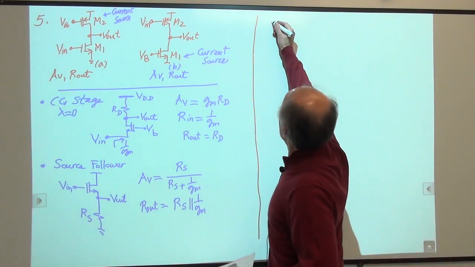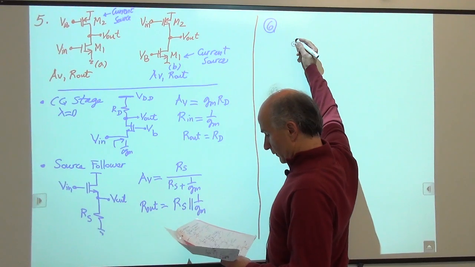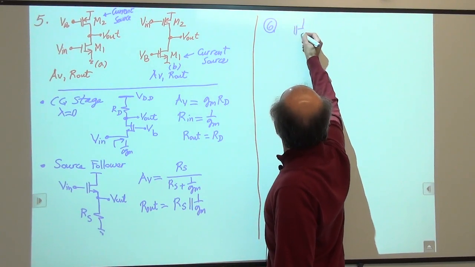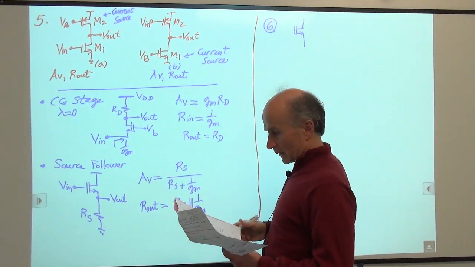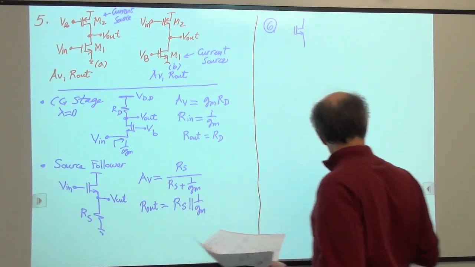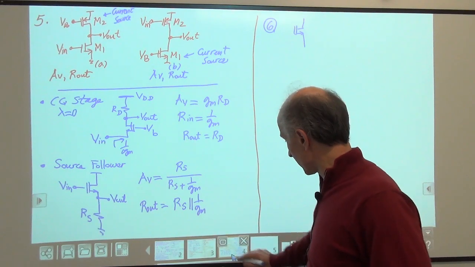This will be problem number 6. Problem number 6, we want to analyze the following circuit. Okay, maybe I'm missing a problem here. Let's just make sure that the numbers are correct.